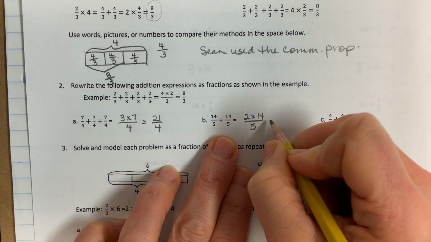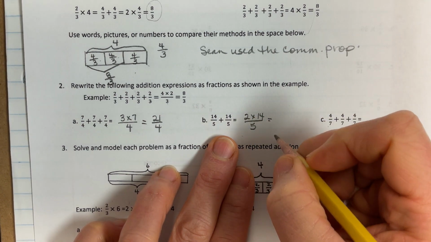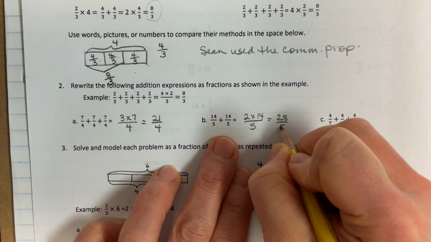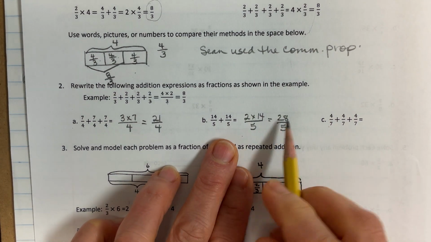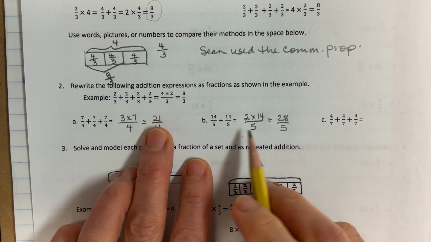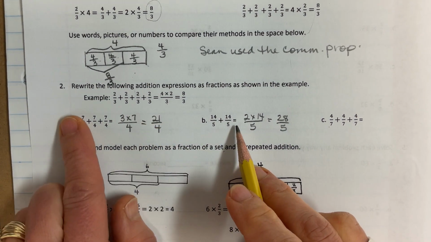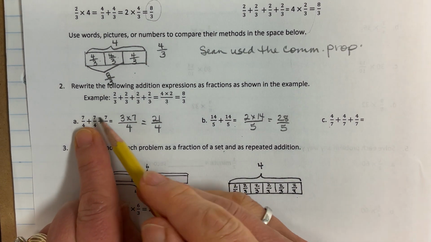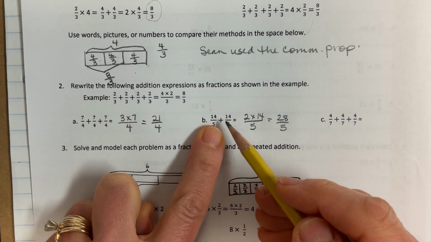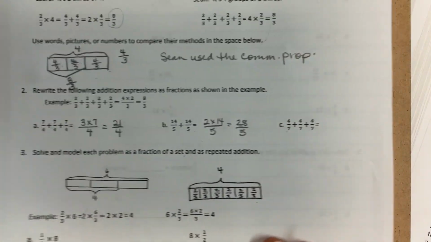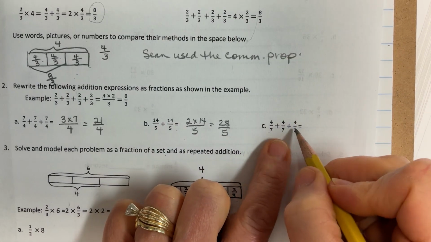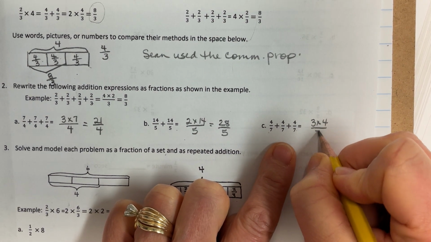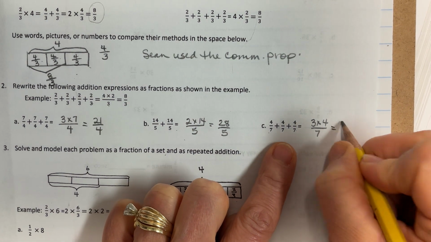So if I multiplied 2 times 14, I would have a total of 28/5. And notice we're practicing this. I'm not simplifying my answer, but we're just getting you to see this repeated addition is like saying if you have 7, 7, and 7, it's 3 times 7. Or 14 and 14, it's 2 times 14. Over here, 4/7, 4/7, 4/7. I have 3 groups of 4/7, which would be 12/7.